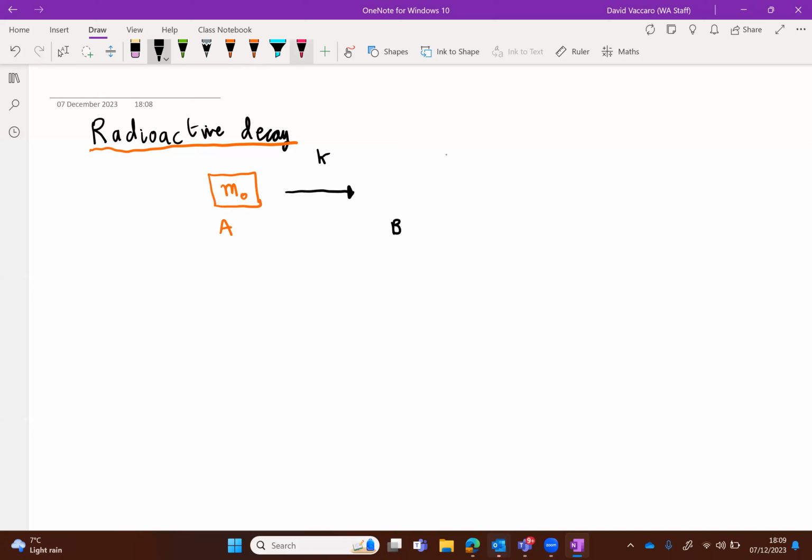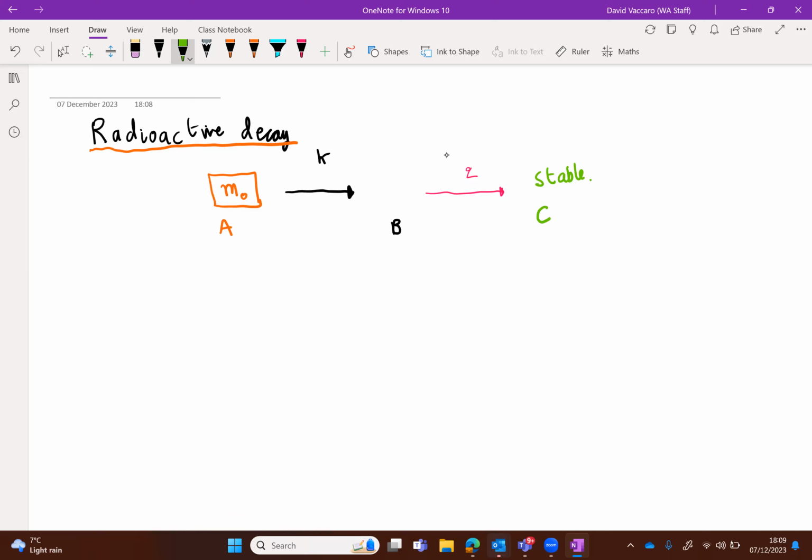Material B, when it does decay, is going to decay with another decay constant, which I'll call Q. And then this will decay into an isotope C, which is no longer radioactive, but is stable.